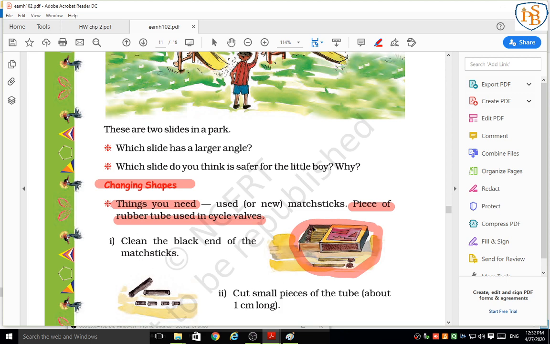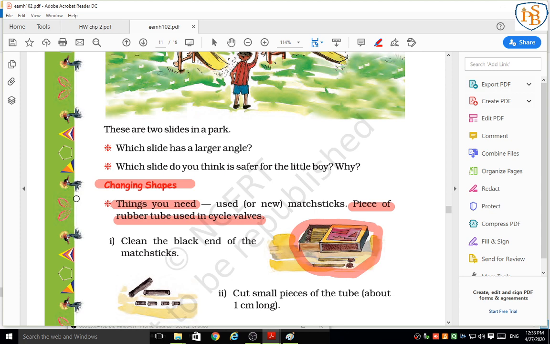If you are using new matchsticks, then the black part of the matchstick, just clean it. We don't want that black part, we want only simple clean matchsticks. Okay students, done. Now you take 1 piece of rubber tube, correct? By using scissors, oh students, sorry, I forgot to tell you in the resources, we need 1 scissor also.